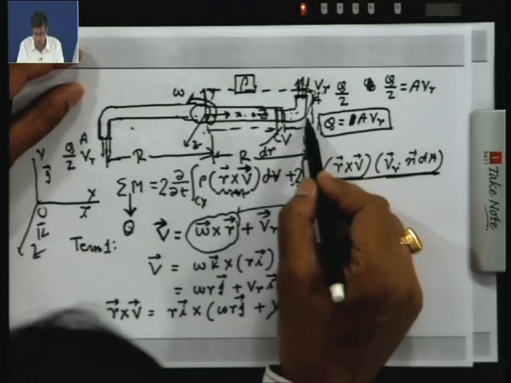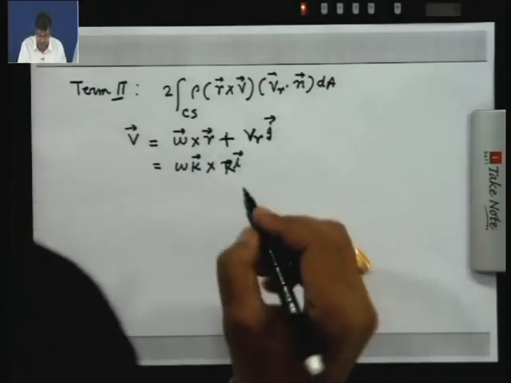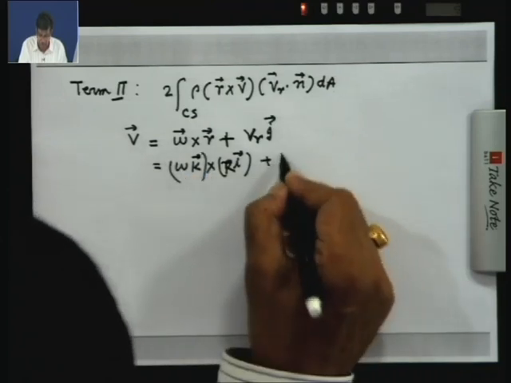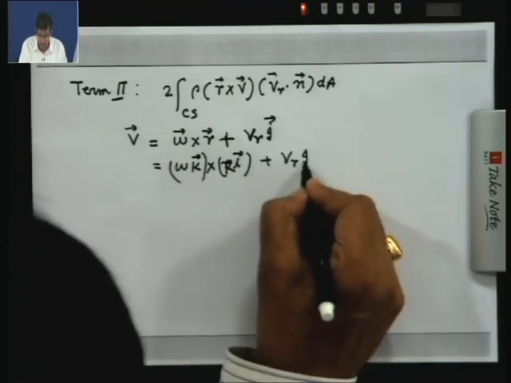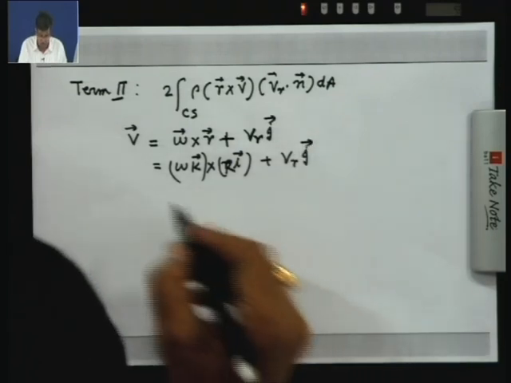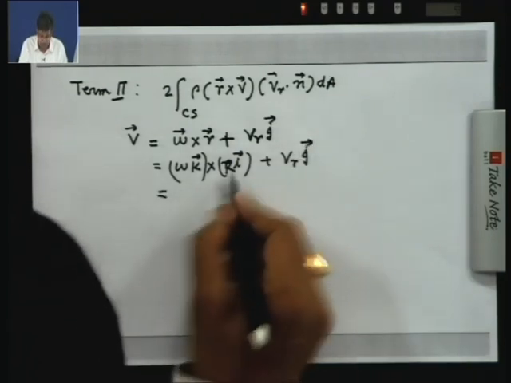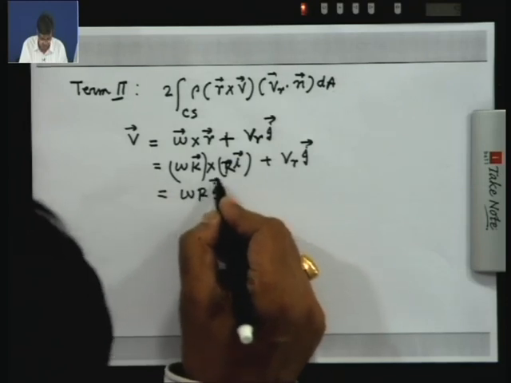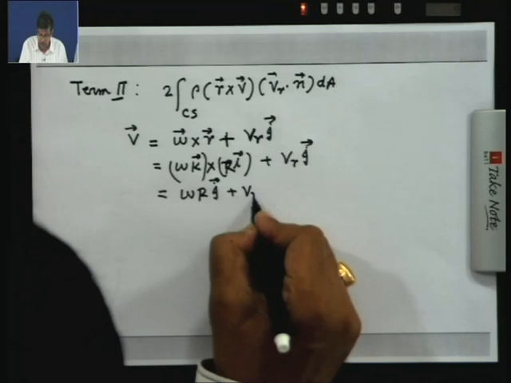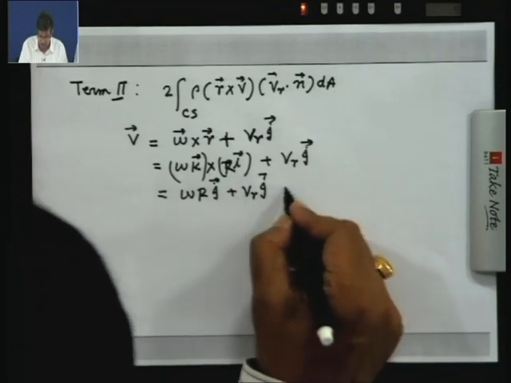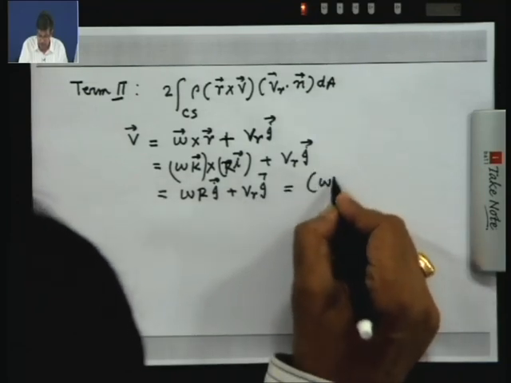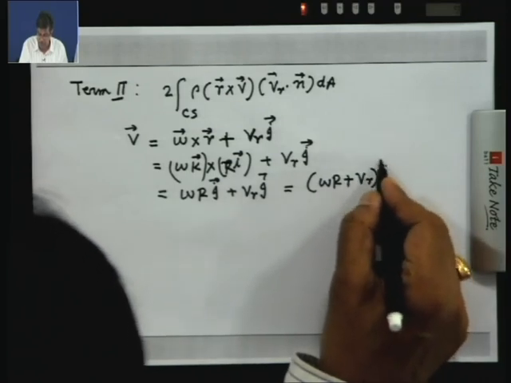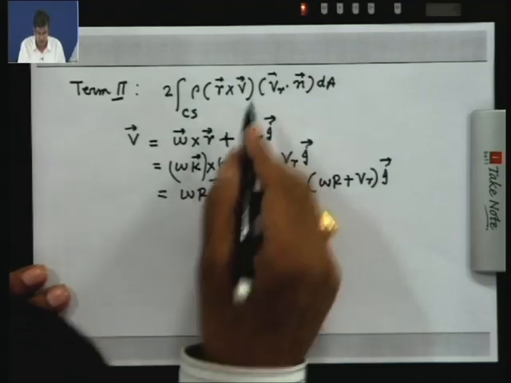So R is constant, R i. Well, so we get k × i, that is j, so ωR j plus V_R j, very simple: ωR plus V_R in terms of the scalar value along j. So this is our V.